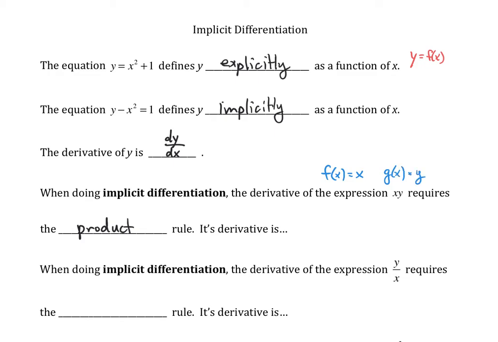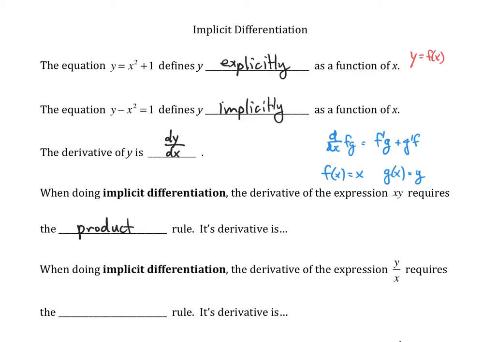So we know that when we use the product rule, the derivative of fg is equal to f prime g plus g prime f, right? So when I go ahead and apply the product rule to the expression xy, what am I going to get?